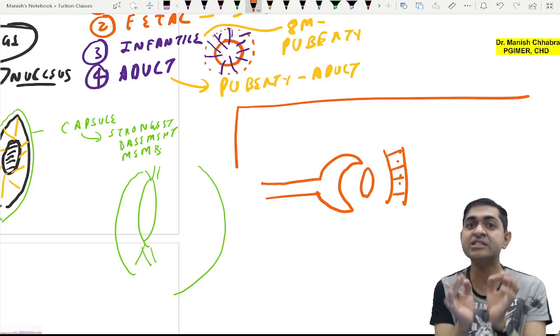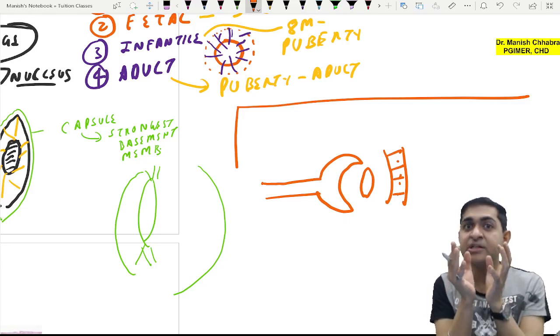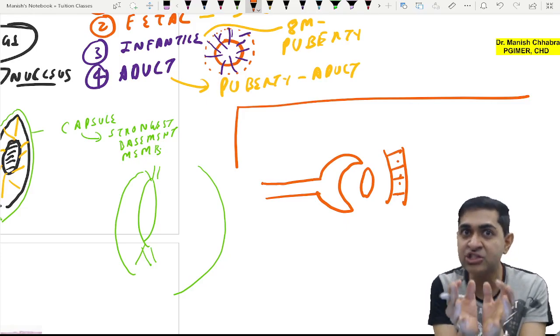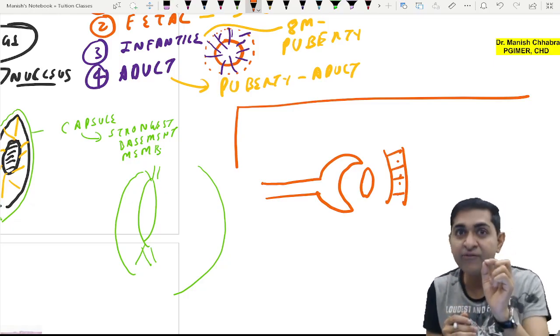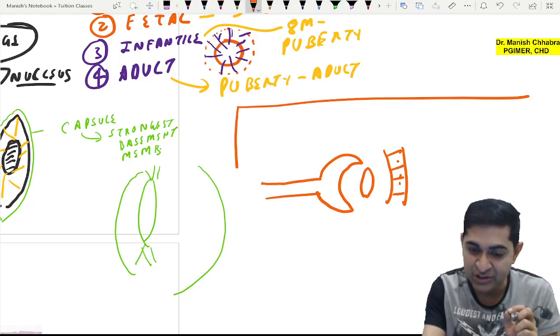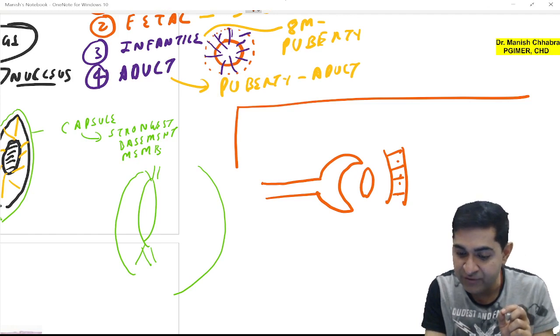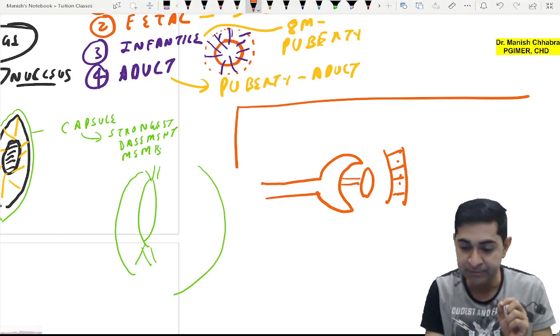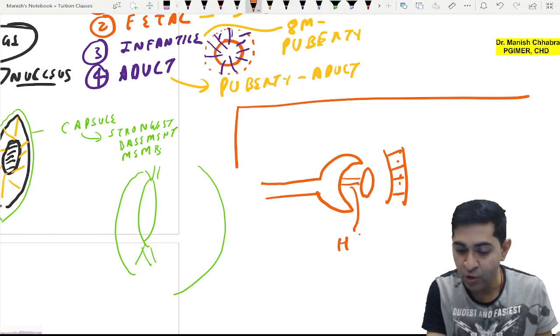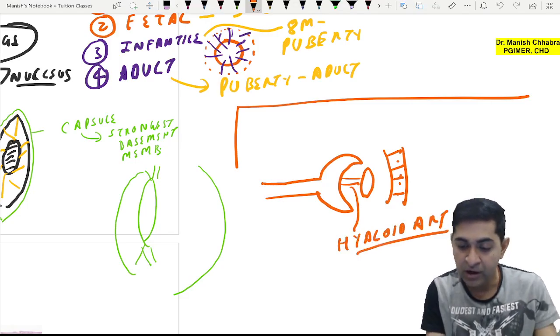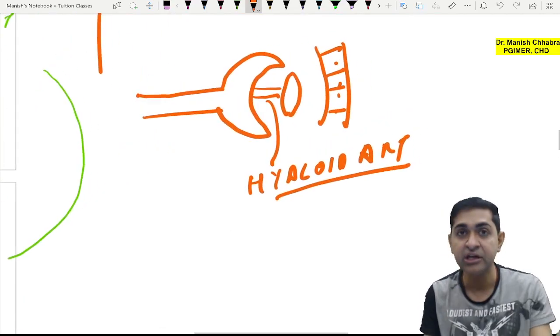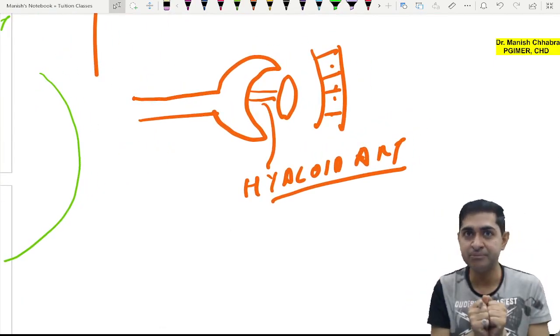Since lens is avascular, it has to derive its nutrition. From where is it going to derive its nutrition? From one artery which is your hyaloid artery. Which artery? Hyaloid artery. Now this hyaloid artery surrounds the lens completely.